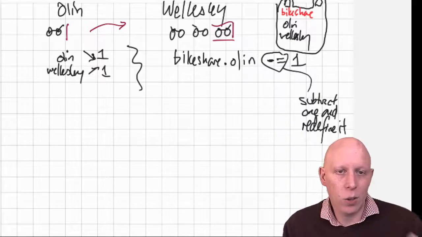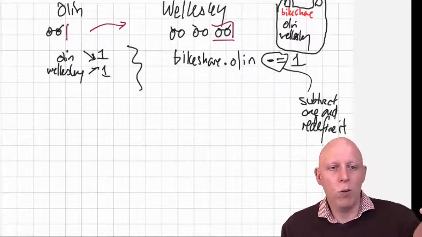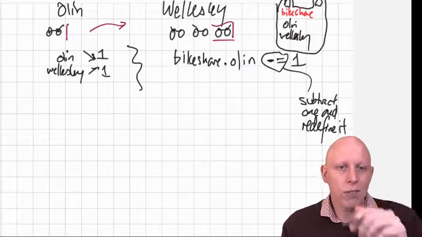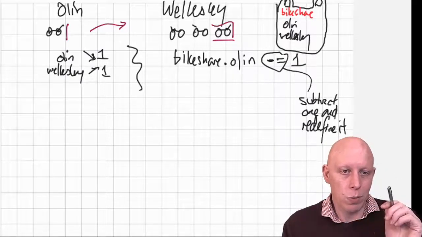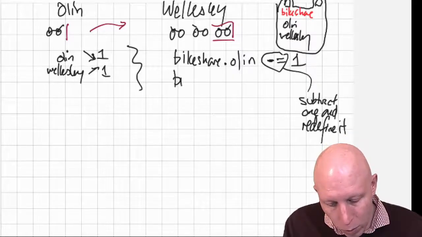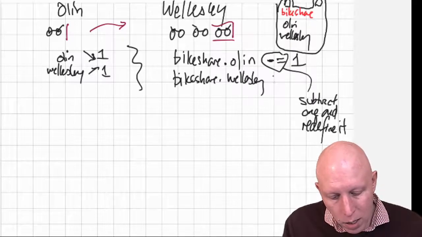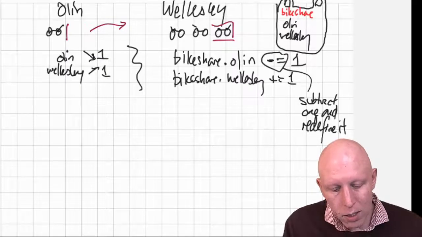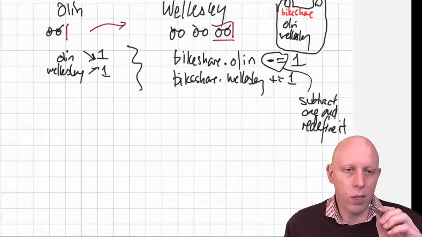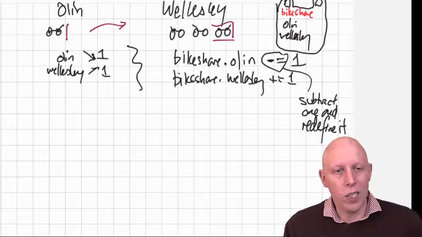So bikeshare.olin, whatever it was, we want to take 1 away and redefine that variable to be 1 less than it was. Similarly, we want to take bikeshare.wellesley plus equals 1. We want to take whatever Wellesley was, add 1 to it and redefine it to be that.